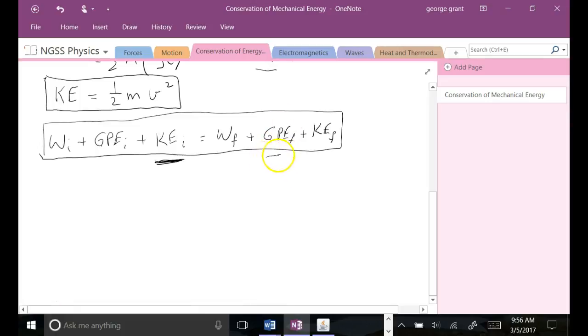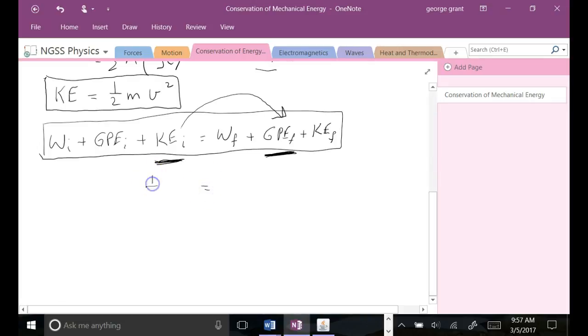And I'm going to look at gravitational potential energy at the end. So all the energy is going to be kinetic at the beginning, and it's going to wind up being potential at the end. So we're going to go from the energy of motion to the energy of height.